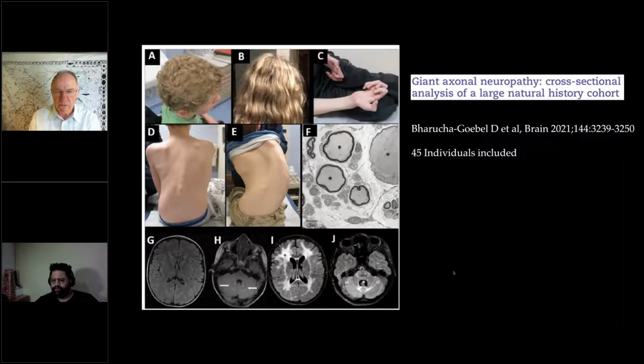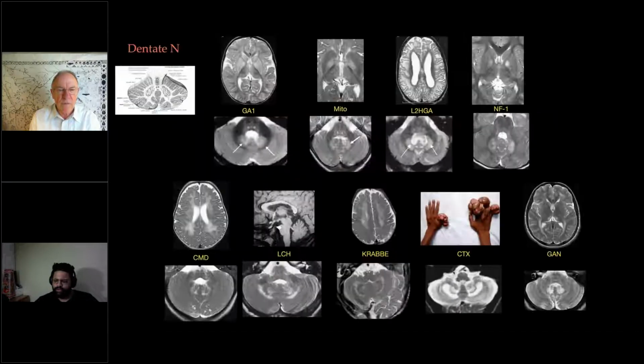I think there are a total of 45 individuals from this recent literature review with giant axonal neuropathy. And just a note on the imaging differentials with dentate nucleus abnormalities. The more confluent abnormalities of the dentate nucleus can be seen in glutaric acidurias, mitochondrial disorders, and L2-hydroxyglutaric aciduria. Sometimes NF1 can be present in a symmetrical manner.